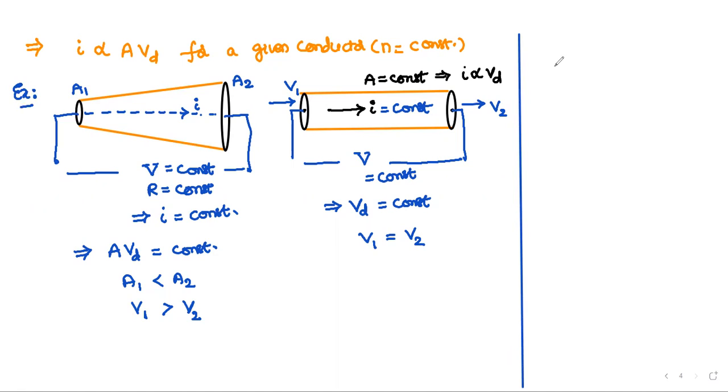I try to find the current flowing through a conductor per unit area of cross section, that is I by A. Now I by A is defined as J, which is called current density.